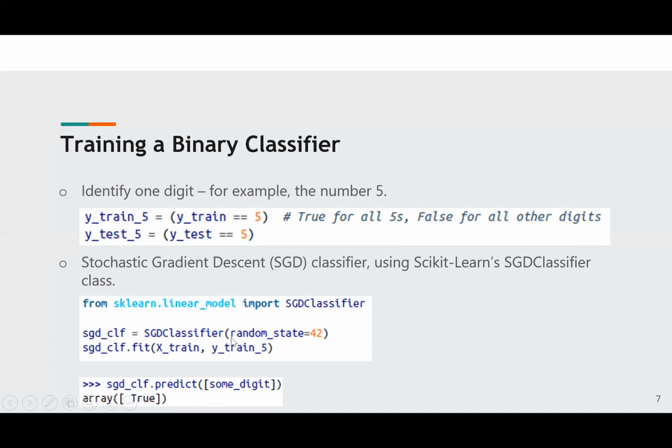But here, I want to emphasize what this random_state equal to 42 is. The reason that we have this random state is to initialize the starting point for the SGD classifier. Imagine that if you don't specify random state equal to something, you start with a random initial solution today, and then come back with a solution at the end of the day.